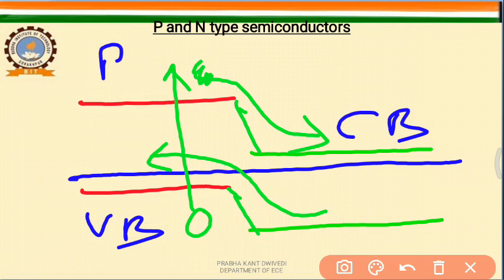Because of incident light, electron-hole pairs are generated. Electrons move from the p side to the n side, and holes move from the n side to the p side.